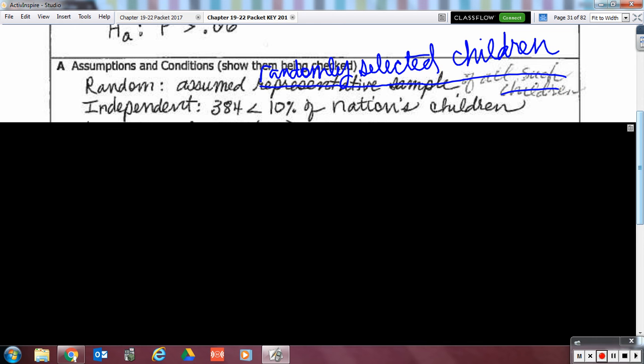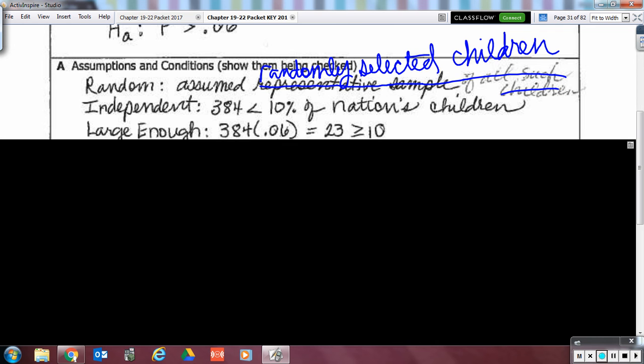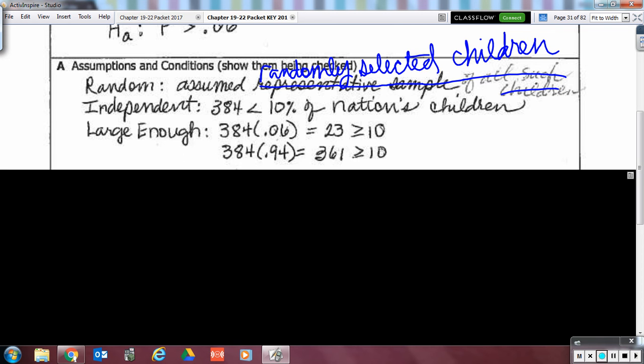Okay, now, large enough. I'm going to tell you right now that this is where I sometimes make a mistake and put the wrong proportion. We have true P. It's a hypothesized true P, but you should use N times true P of 0.06 and N times 1 minus P. Yes, ma'am. Why do we use P and not P hat?